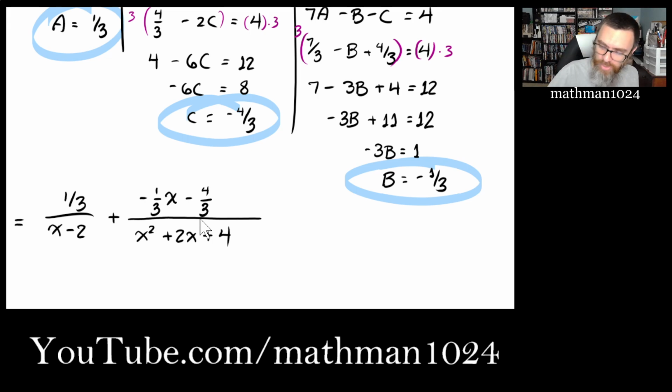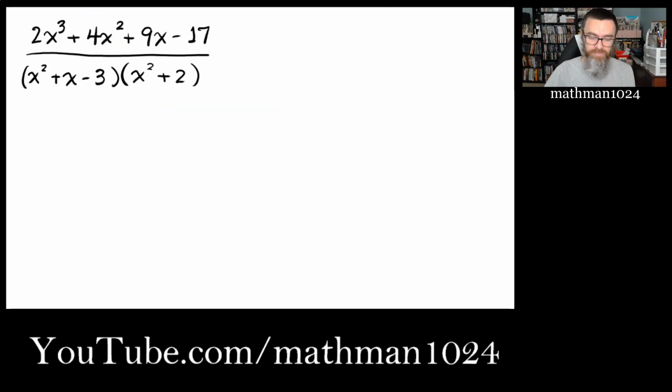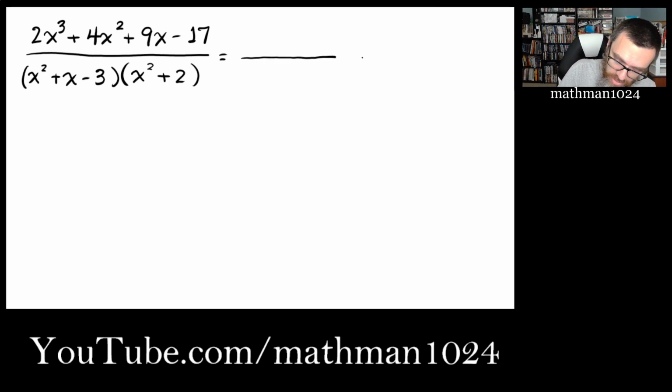Let's see what happens if we were to do this next one. Oh no. It's even crazier, right? Well, yes and no. We have two quadratic factors that cannot be reduced. So it means we'll have two big fractions over here. One of them is over x squared plus x minus 3.